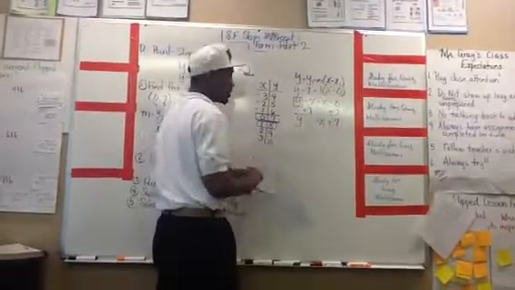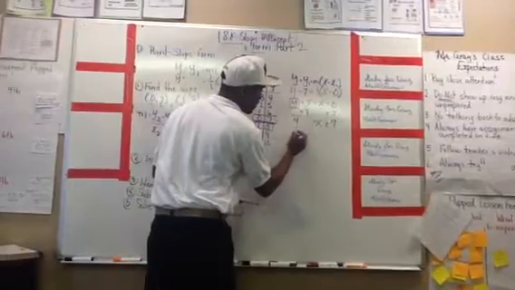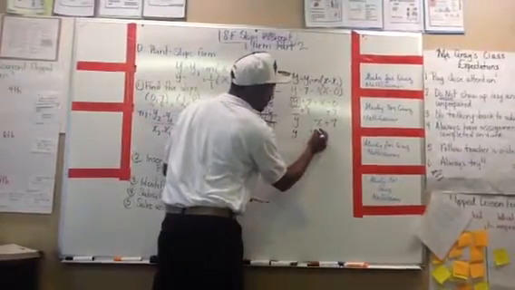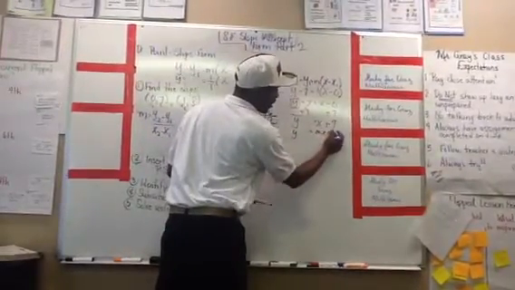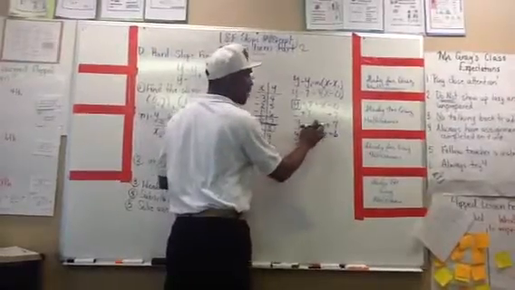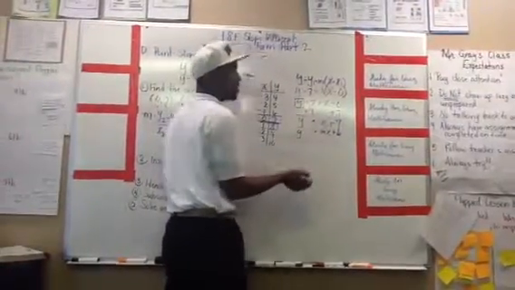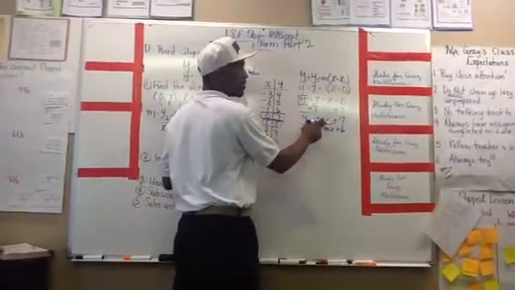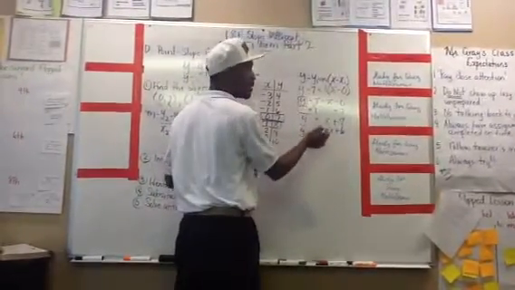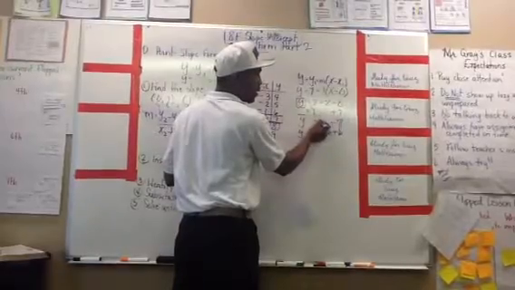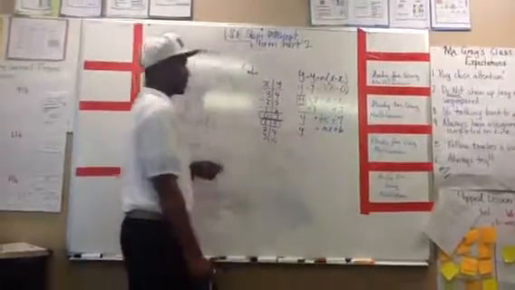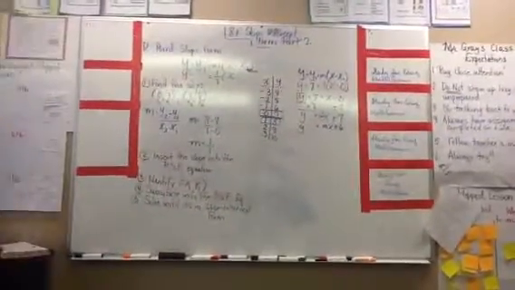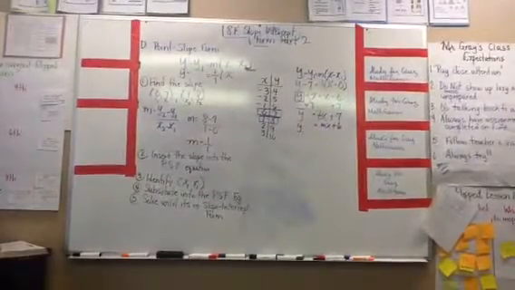Is it in y equals mx plus b form? Yes. And you probably say, I don't know, Mr. Gray, I don't see the value for M. Well, we've already learned when you don't see a coefficient in front of a variable, what's implied to be there? 1, or 1 over 1. And that concludes the lesson. Copy these notes down before you hit stop.